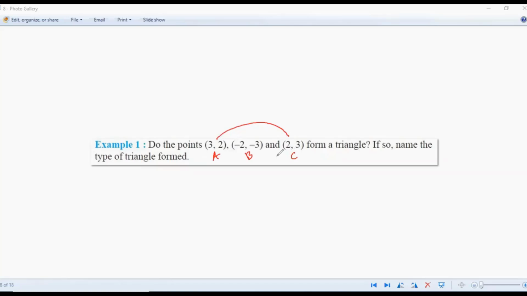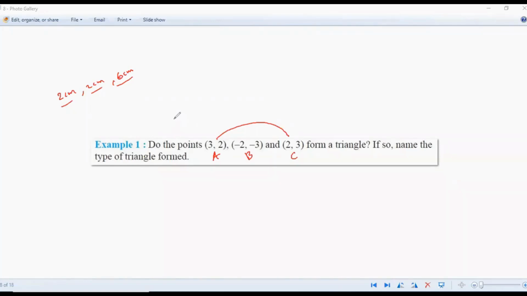And you know, if 3 lengths are given, what is the condition to form a triangle? Can you form a triangle with small sticks of lengths 2 centimeter, 2 centimeter, and 6 centimeter? No. So there's a condition, right?